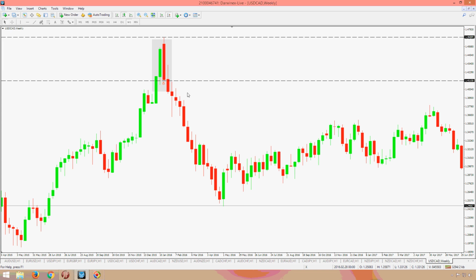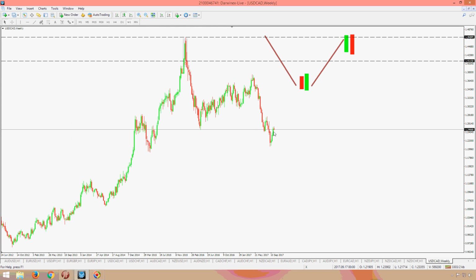In this case, it's a weekly chart. So if you zoom out and look at the market, after the bearish pattern here, imagine you go short here. Stop loss at the highs. Even if it's on the weekly chart, the stop loss on the highs would invalidate the pattern, and you still have a risk-reward ratio of 1 to 2 or 1 to 3 for a US dollar pair. And that is quite something.